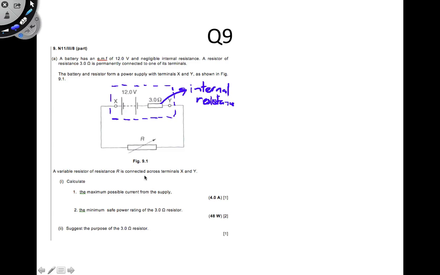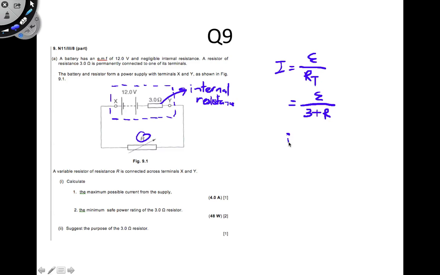Now I connect a variable resistor across X and Y. I want to find out the maximum possible current from the supply. I know that I equals total EMF divided by total resistance, and total resistance equals 3 ohms plus whatever is outside here, this R. If I want to maximize this, I let R equal 0.